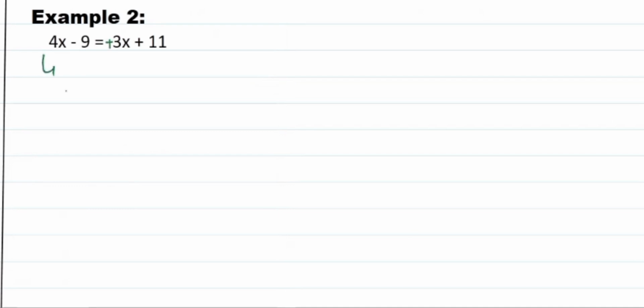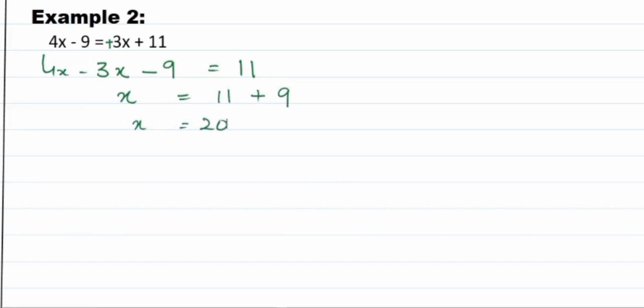When it moves, it will become minus 3x, so 4x - 3x - 9 = 11. Now moving minus 9 to the other side. 4x minus 3x is x, and this is 11 plus 9. So x is equal to 20.